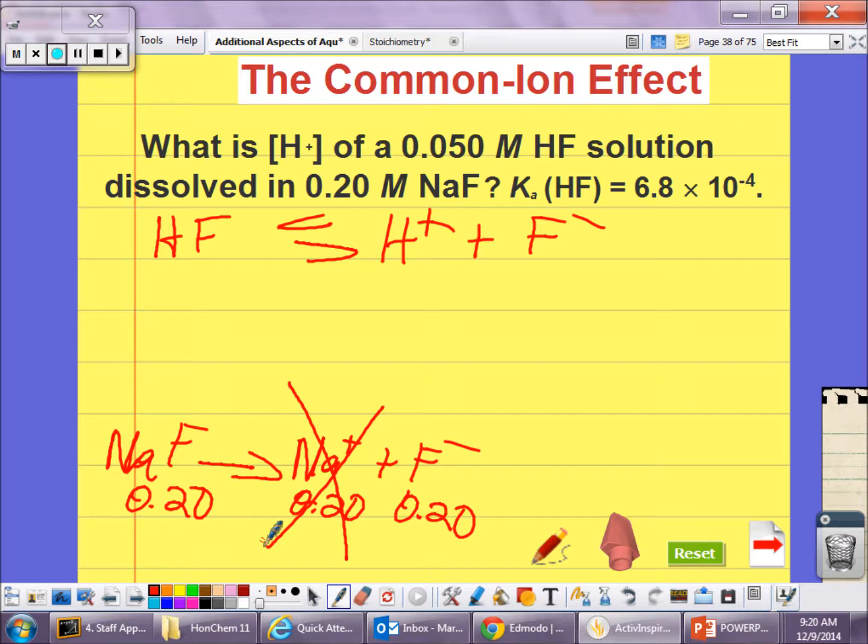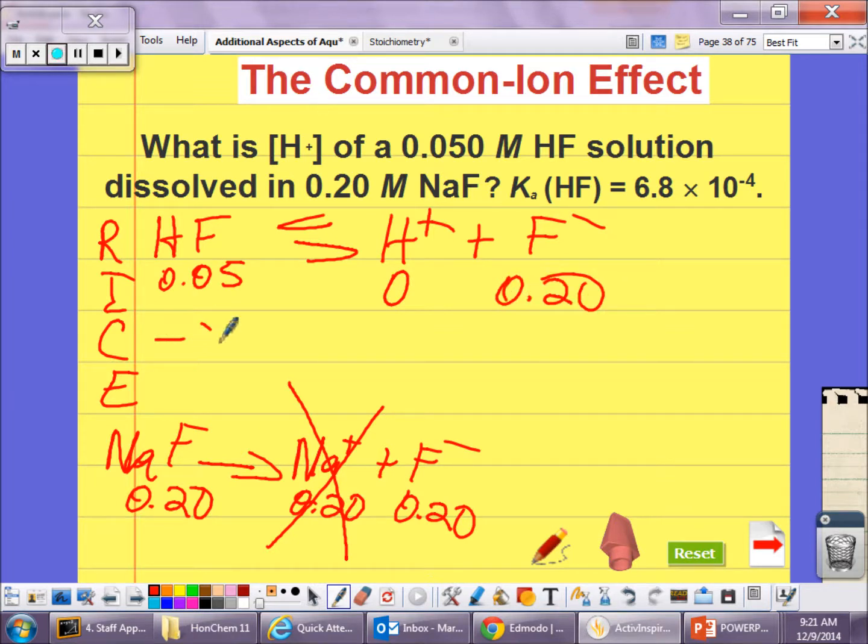So this is a weak acid, I will make my RICE table. My RICE table initial for my HF is 0.05. My initial for H plus is 0. My initial for F minus is not 0. It is 0.20.